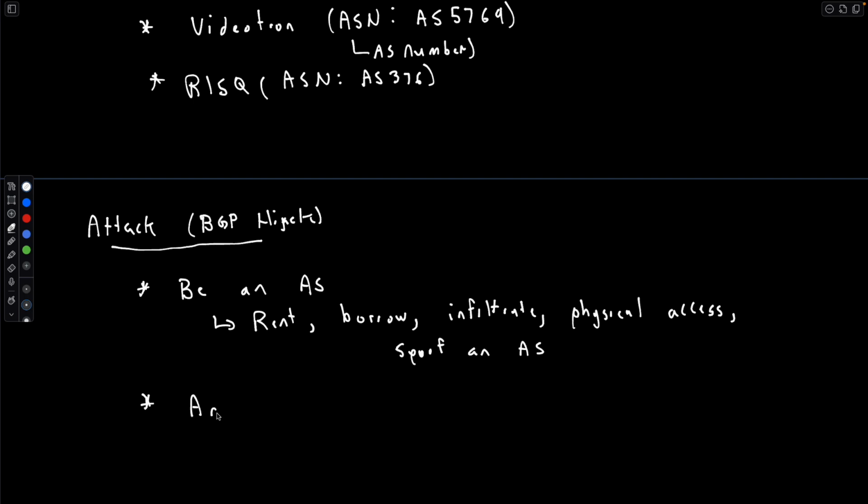Okay, the next thing you'll do is you're going to announce an IP prefix for basically who you want to man in the middle. Okay, so for the man in the middle target.